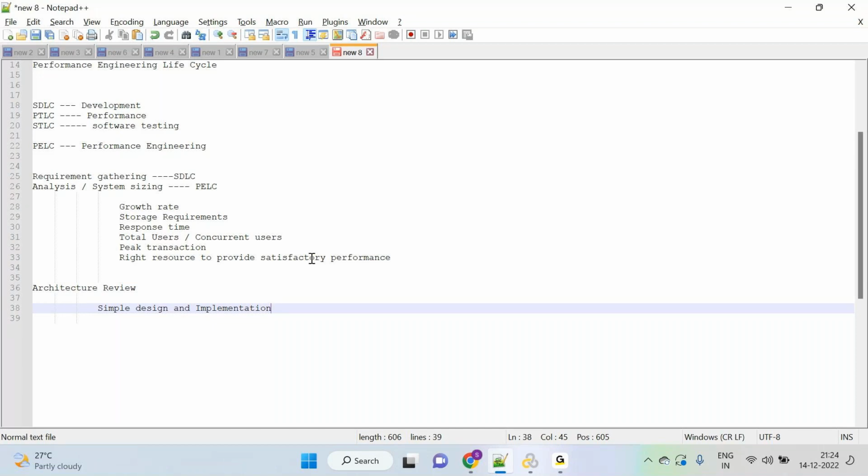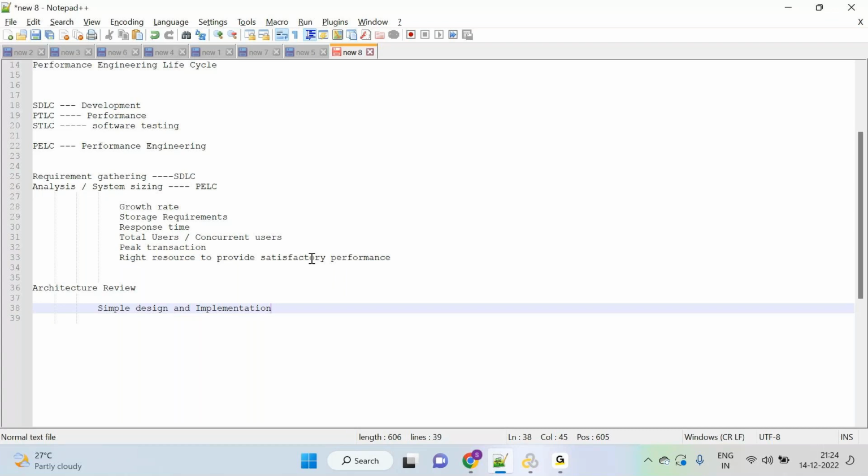Don't make it complicated by going to multiple systems to take a single piece of data, which is not even required. You have to make your architecture in such a way that it is a simple design and implementation. You should not touch your nose around your head, right? You should not do complicated things for a simple activity.